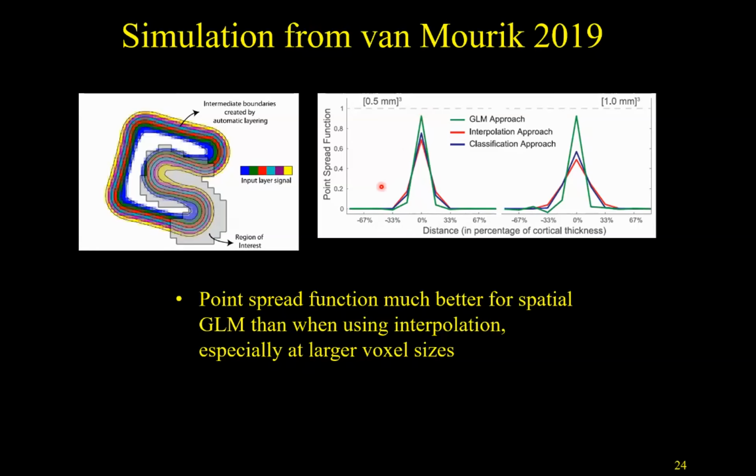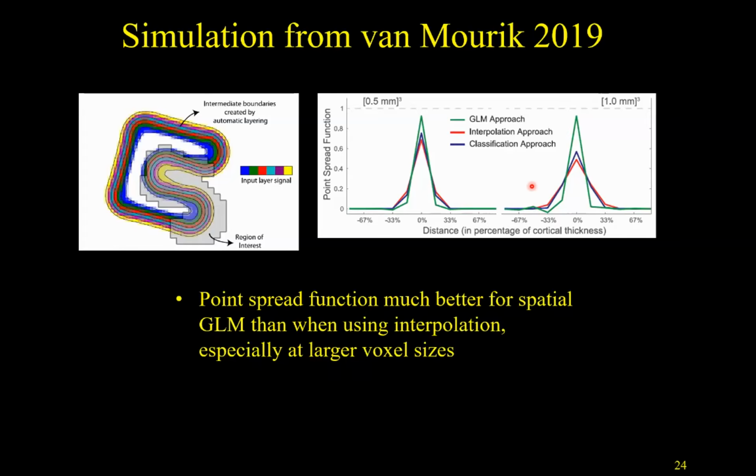And so what you can see is when you use an interpolation method, you get a slightly higher value in these off bands, indicating that there is spill out. So if it's not 1 and 0 on the side, then you have spill out. So you're not quite at 1 here at the center, and then you're not quite at 0 off to the sides. So that indicates a spill out.